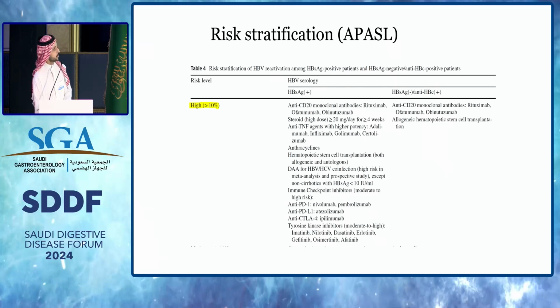So other than CD20, they included high doses of steroid, defined as more than 20 per day for more than 4 weeks, as well as anti-TNF agents with higher potency, anthracycline. They also included hepatitis C medications, except for non-cirrhotic or surface antigen less than 10, immune checkpoint inhibitors, tyrosine kinase inhibitors.